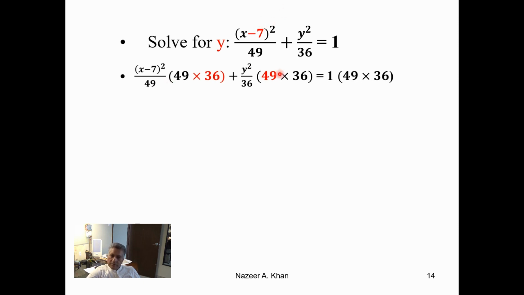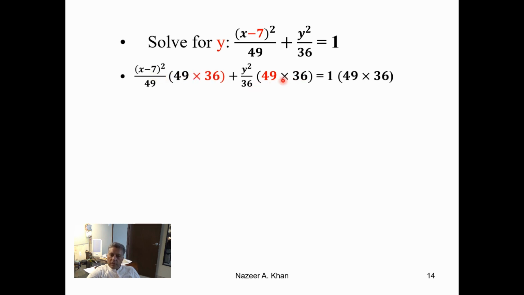and/or in general form. Get rid of the denominators by multiplying each one of these terms by 49 times 36, because they'll cancel out, and that's what I've done to each one of the 3 terms. You can't forget that that applies to the 1 also. So the letters in black will cancel out, and you have 36 times that binomial.